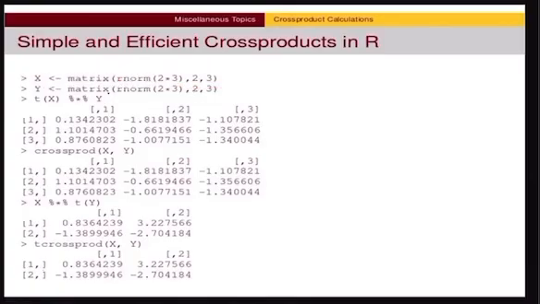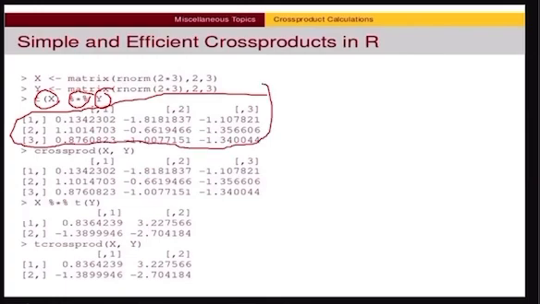Okay. You know, this is the transpose of X, the transpose of X multiplied by Y, which is actually going to give this. That's a cross product.